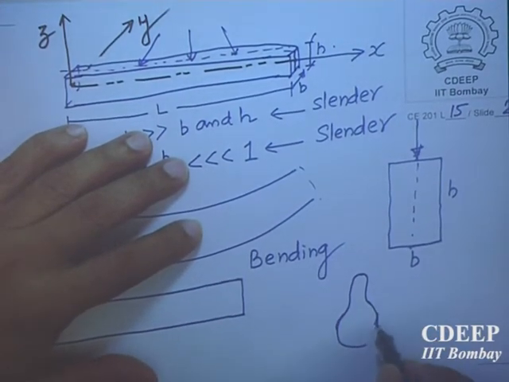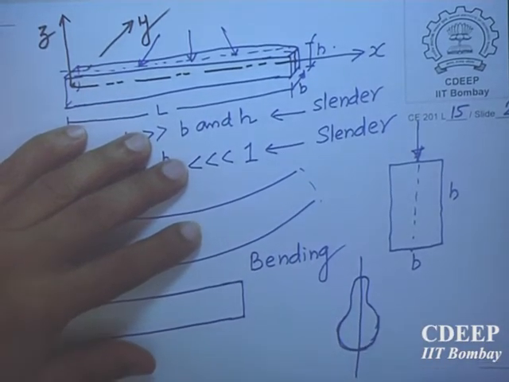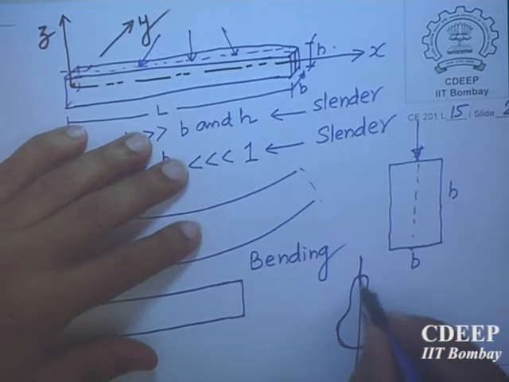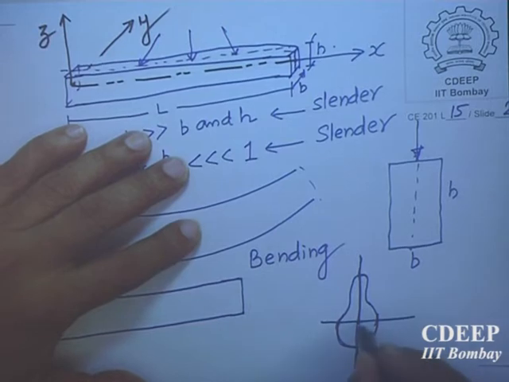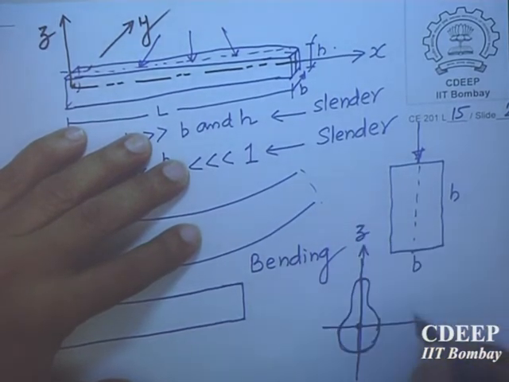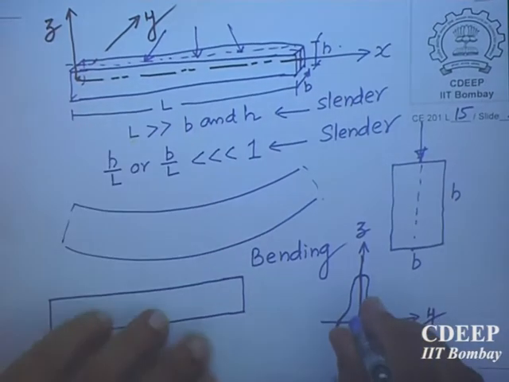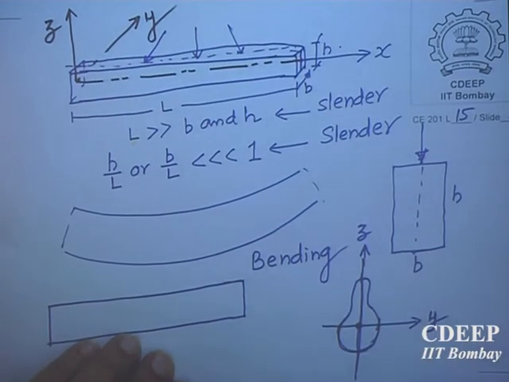It is symmetrical about the vertical axis of the cross section. Only thing is that it is symmetrical about, so this is Z and this is Y, X is here, X, Y, Z, so it is symmetrical about Z axis.